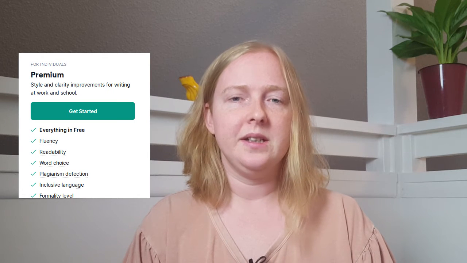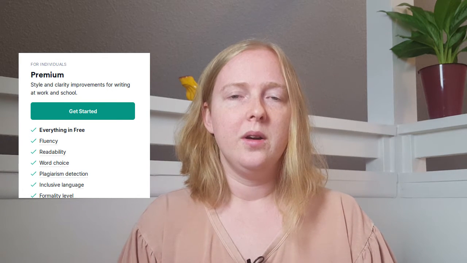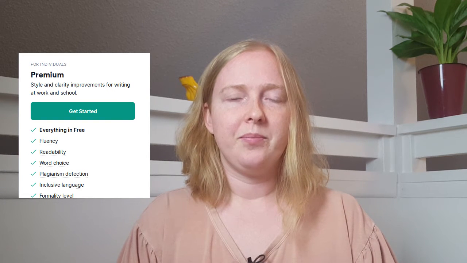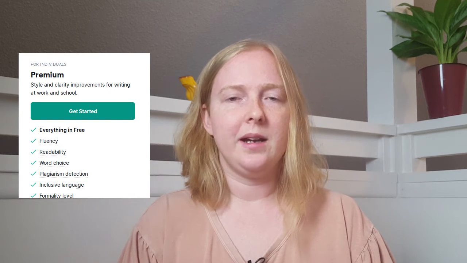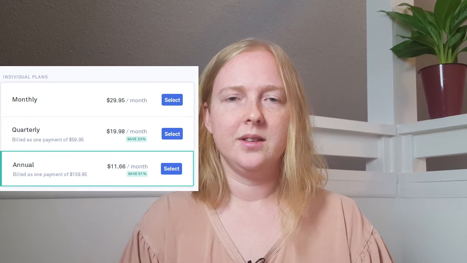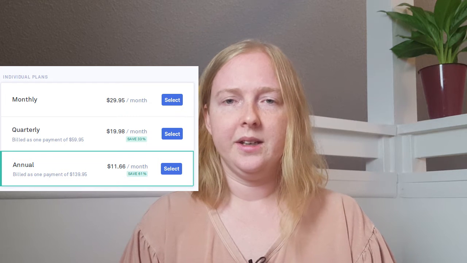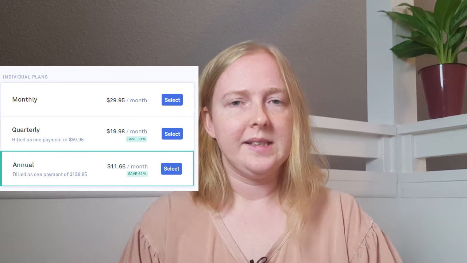Some of the cooler features about Grammarly, such as identifying tone or giving you other better words to use, those features are locked behind a paywall. Those features are for the Premier version only, which is quite disappointing.